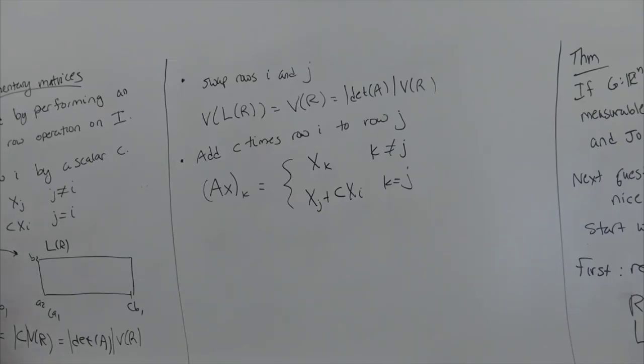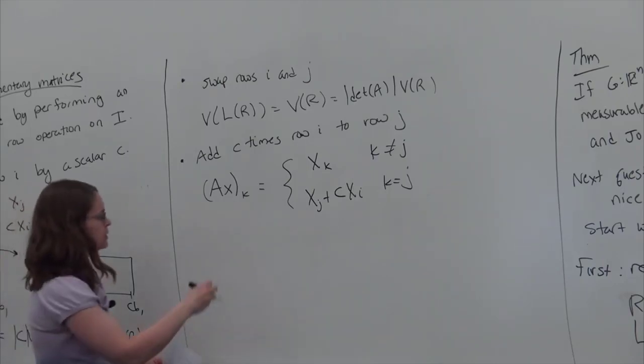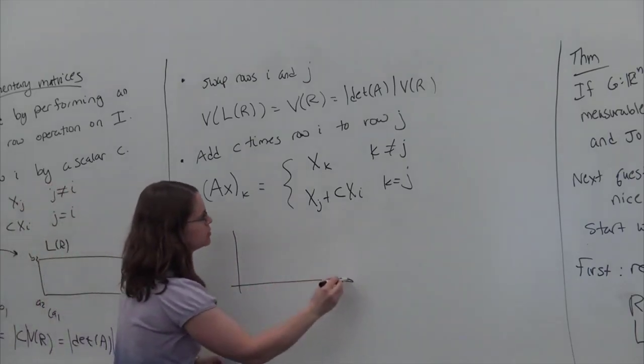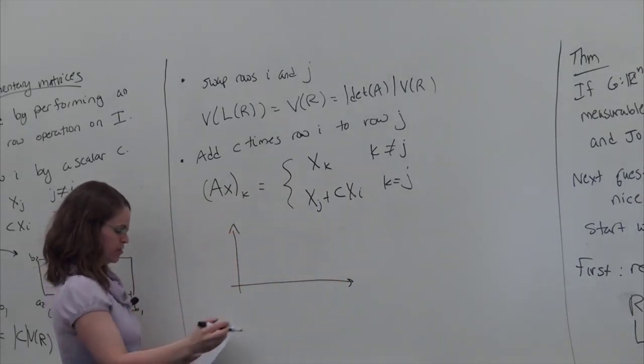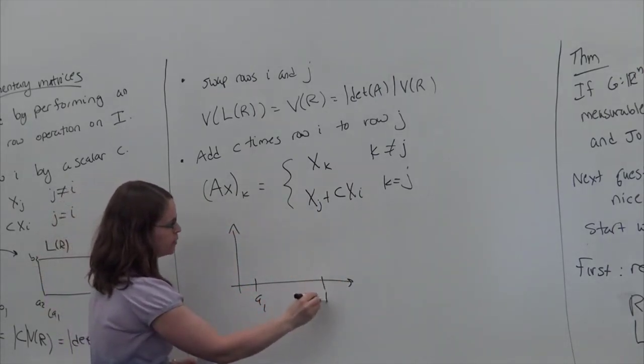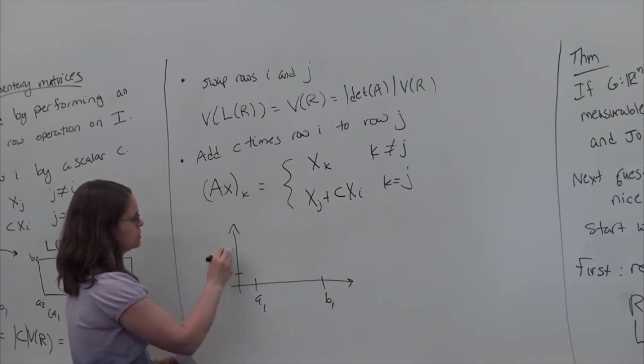All right, well, what does that do to volumes? This one is maybe not quite as obvious to look at what's going on here. So let's try it and think about it. So let's say we started with my A1, B1 here, A2, B2.